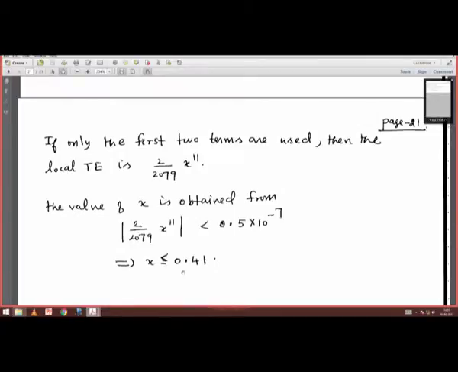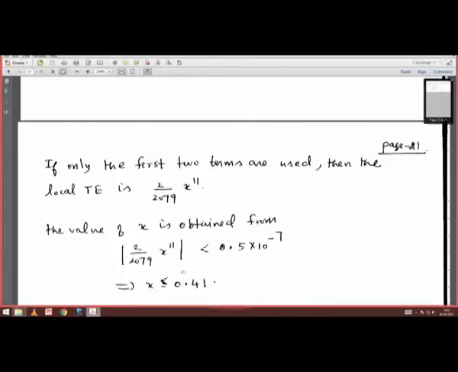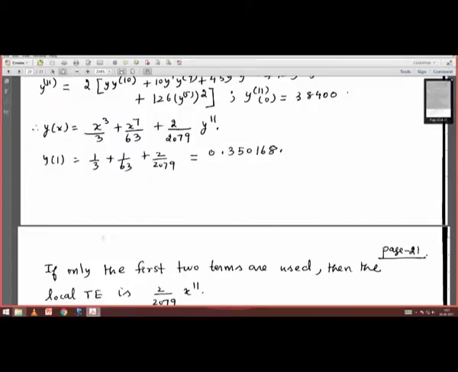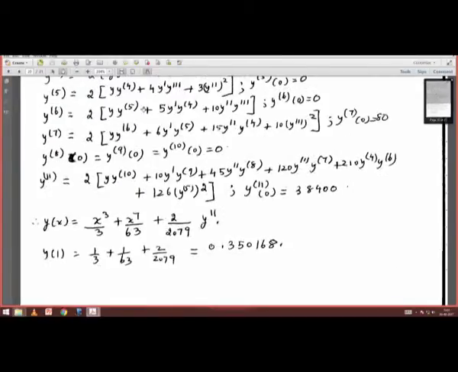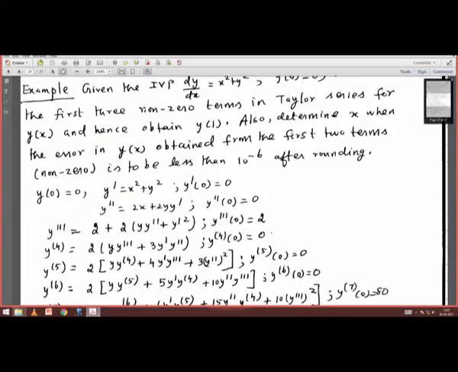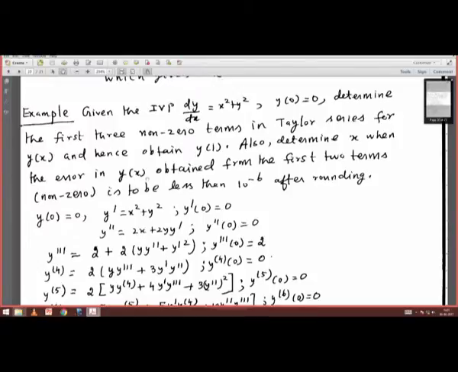So, for all values of x less than 0.041, you can use the Taylor expansion only up to these two terms, namely x cube by 3 plus x power 7 by 63, and write down the solution of this initial value problem, such that the error will be less than 10 to the minus 6 after rounding.